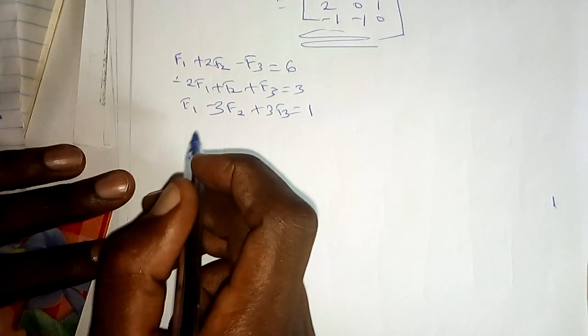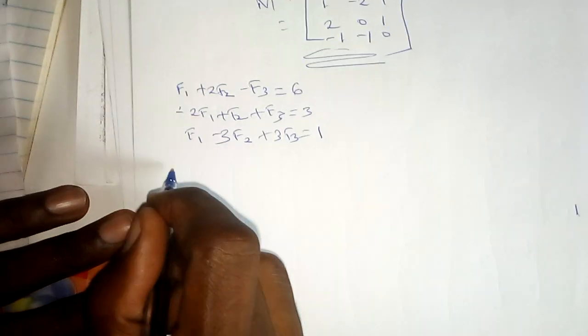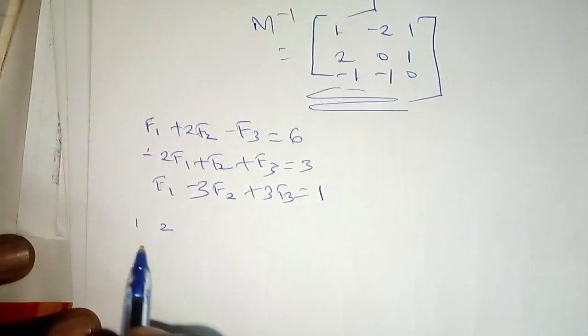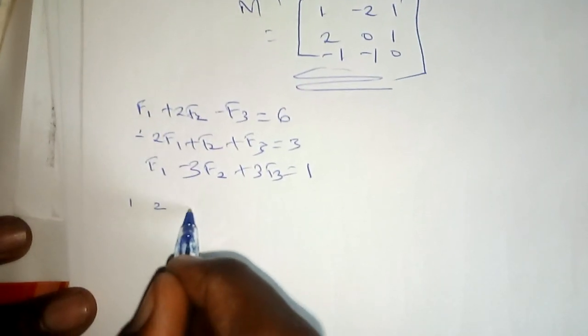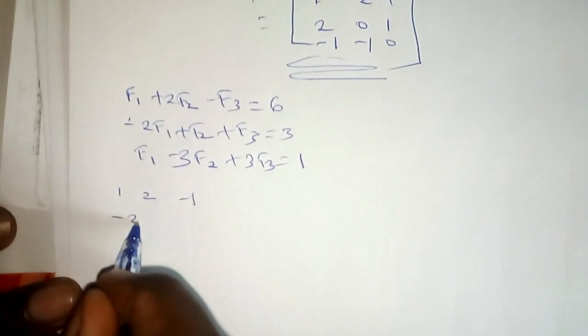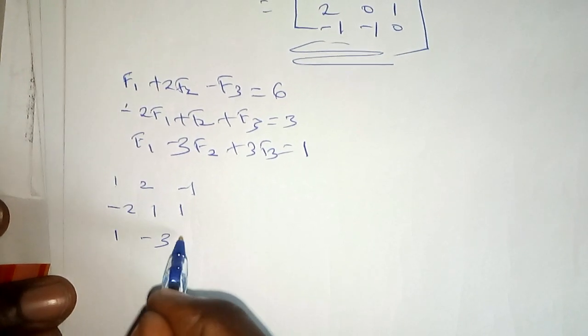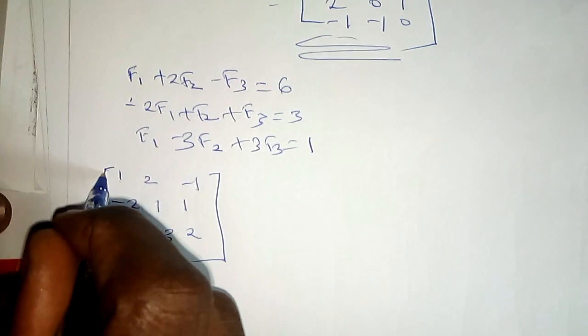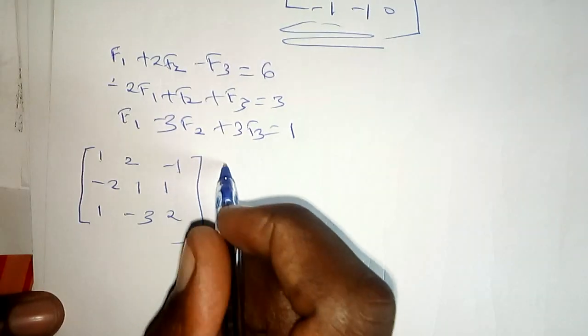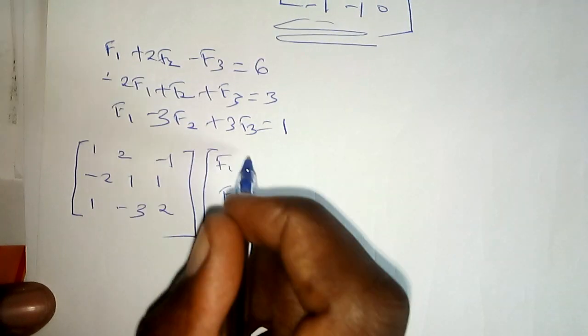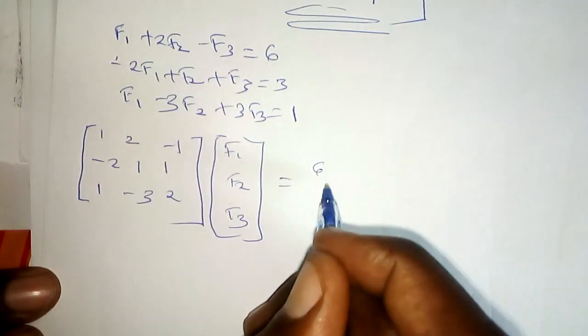So we say, first of all, as usual, you normally form a matrix. When you form a matrix, it will be 1, 2, negative 1, negative 2, 1, 1, 1, negative 3, 2, times F1, F2, F3 is equal to 6, 3, 1.